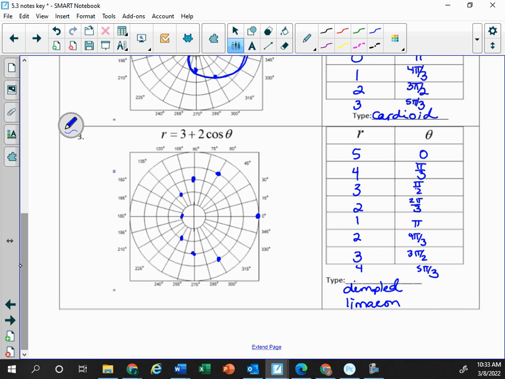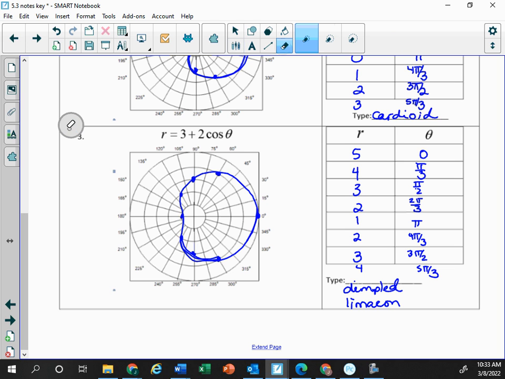When I draw it, luckily yours is prettier than mine on this bottom side.